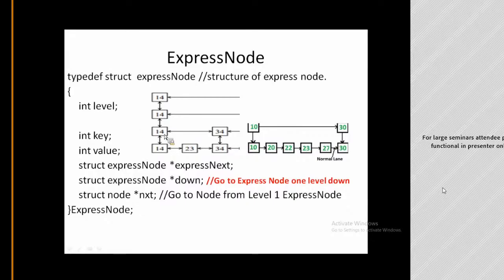If I don't follow this, I go from here to here, here to here, and come down and come back, and then come down. So instead of so many iterations, from 14 I go to 100. From 100, I come down to the normal lane and go to 101. That is how I'm trying to reduce the steps. By putting in more layers, I'm trying to search faster.